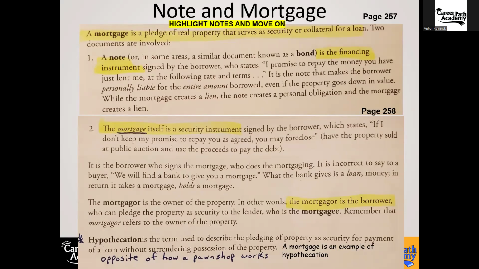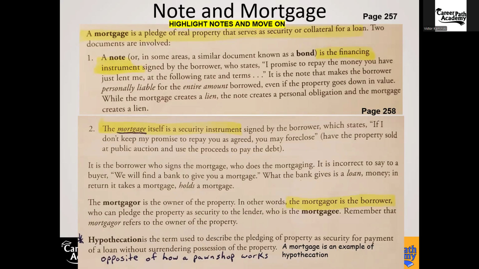It's the opposite of the way that a pawn shop works, where you take something of value to the pawn shop, they estimate its value, and then they'll loan you a percentage of that value of that item. But they'll hold on to that item until you come back and pay them back.